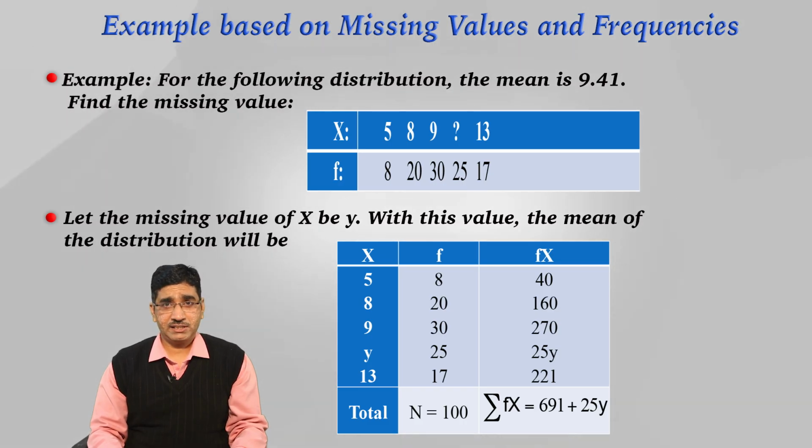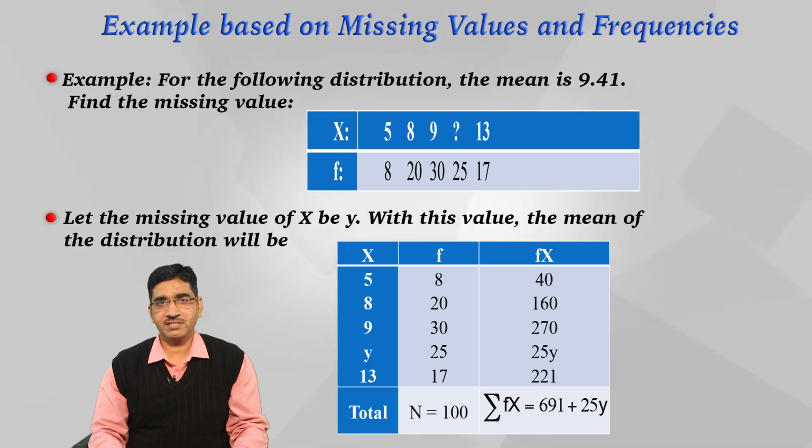For obtaining the arithmetic mean, we have to get the sum of fx. So, we multiply x values by the corresponding frequency, and in the third column we get the fx values. The first value is 40, the second is 160, the third is 9 times 30, that is 270, and next, the missing value is y.